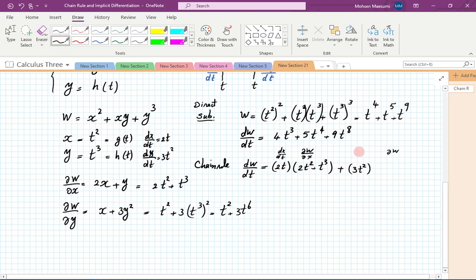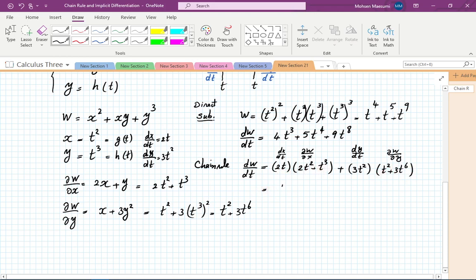I misspoke. So this was derivative of y with respect to t, and this is the partial of w with respect to y. Partial of w with respect to y was t squared plus 3t^6.